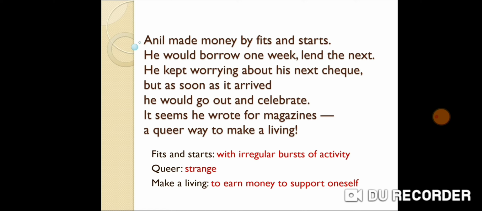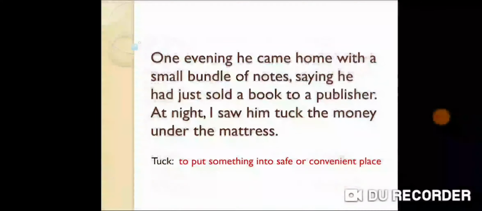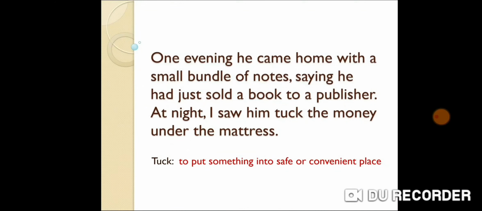So, here now the thief is also thinking about Anil's money. Next, one evening he came home with a small bundle of notes, saying he had just sold a book to a publisher. At night, I saw him tuck the money under the mattress.